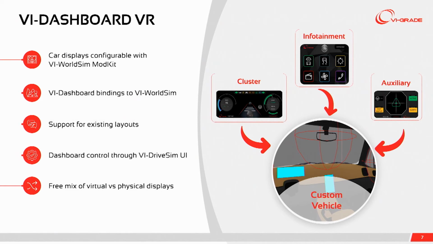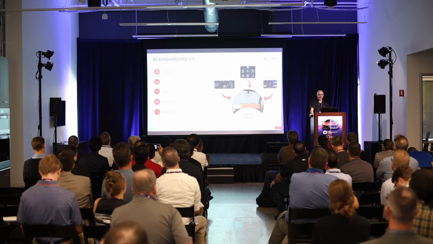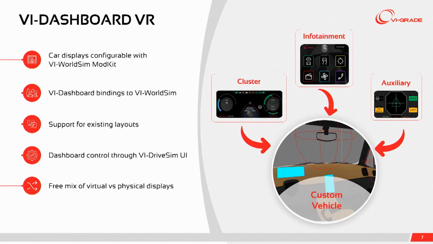So hopefully that's viewed as a strong improvement in the way AOR is calculated. Another area that is significantly new for VI-Sim is around dashboard and virtual reality dashboard. You may have been able to see this on the VR demo. What this allows you to do is take the definition of a dashboard using WorldSim ModKit and integrate it physically into the VR environment, so that while you're in there and looking at the VR response, you've also got a direct view of the dashboard, either virtually, or you can also have through AR an actual physical display representing a dashboard.